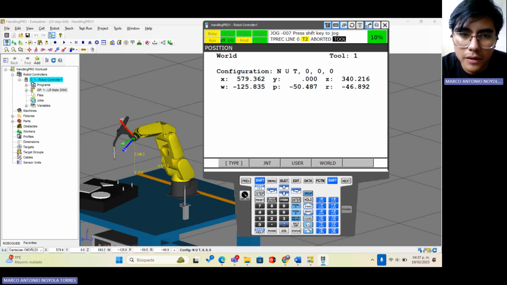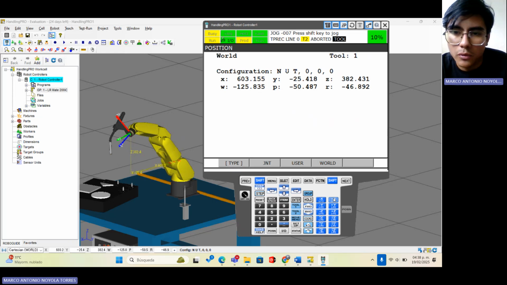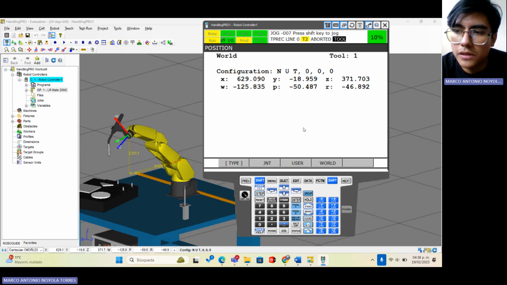Here are the axes. It's the same to move in x direction, x negative, R direction. And this is all that is necessary to know to move the robot.